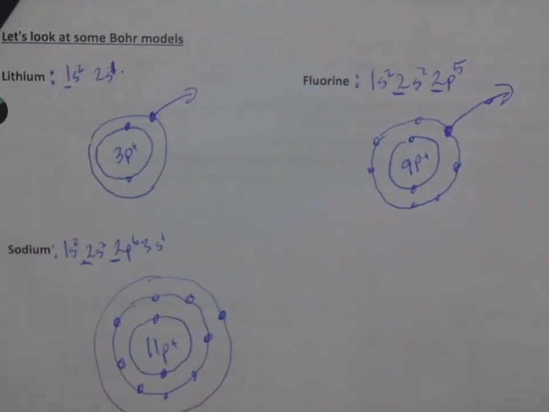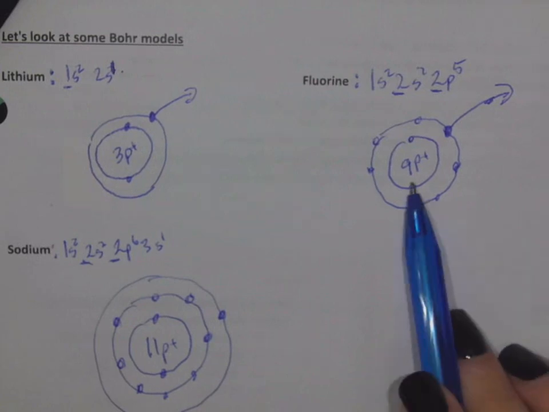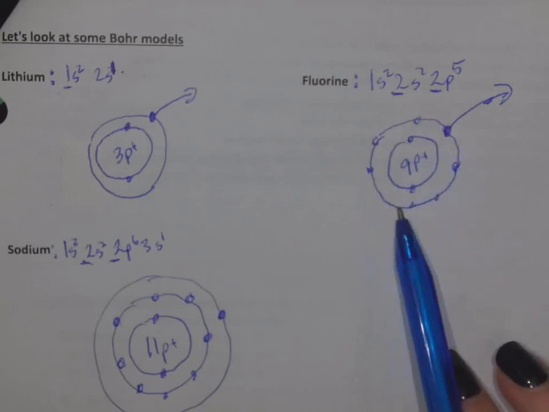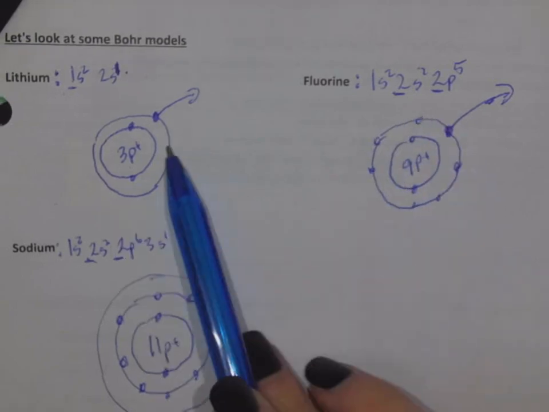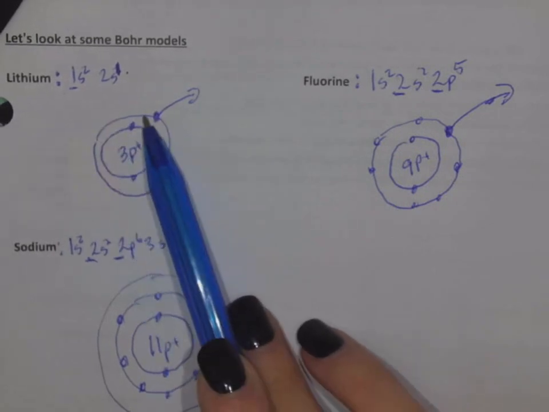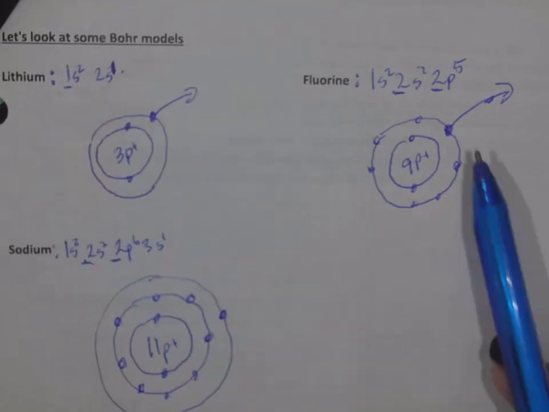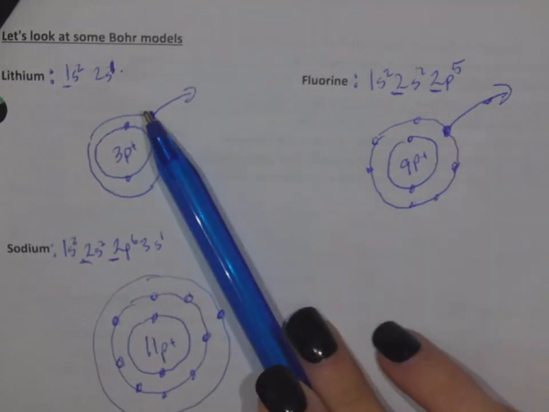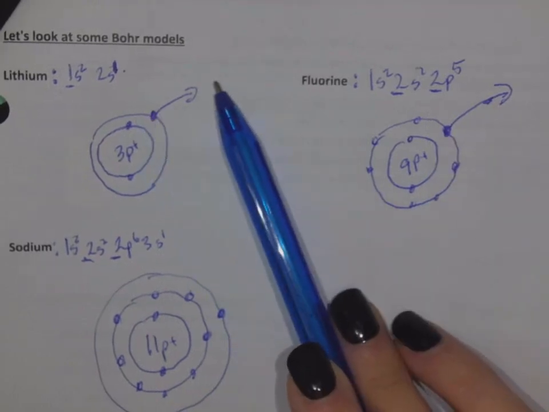Now, why is that? Think about radius again. Here we have 9 protons pulling on the valence electrons in the second energy level, and we got 3 protons pulling on the electrons in the second energy level. And so it takes more energy to remove this one than to remove that one.